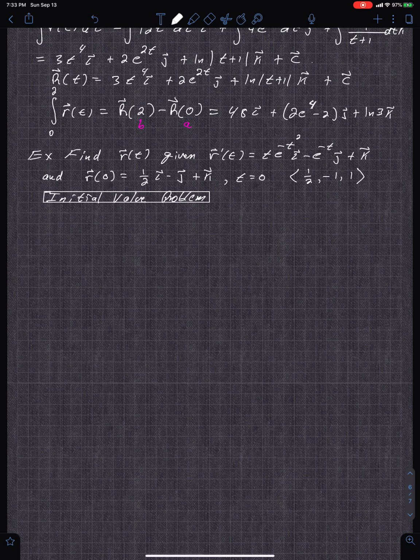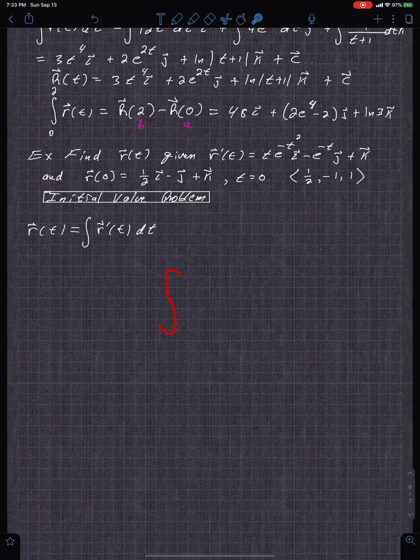All right, so try it. Let me set it up. What you say then is r of t is equal to the integral of r prime of t dt. That's basically the fundamental theorem stuff.